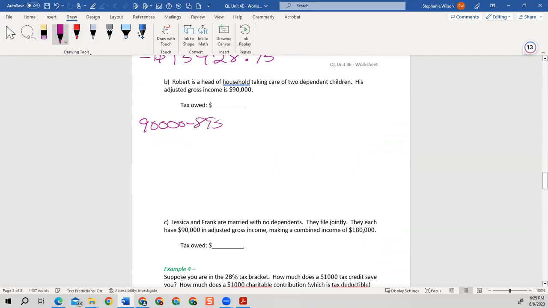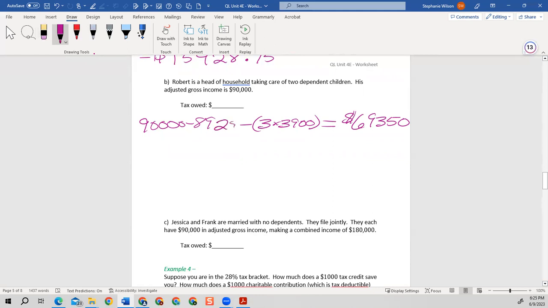Subtract the $89.50 minus 3 times that $3,900, right? Because it's him and 2 dependents. And that gives me a total of $69,350 that's taxable, and I believe that should have been 25, not 50 on the 89.